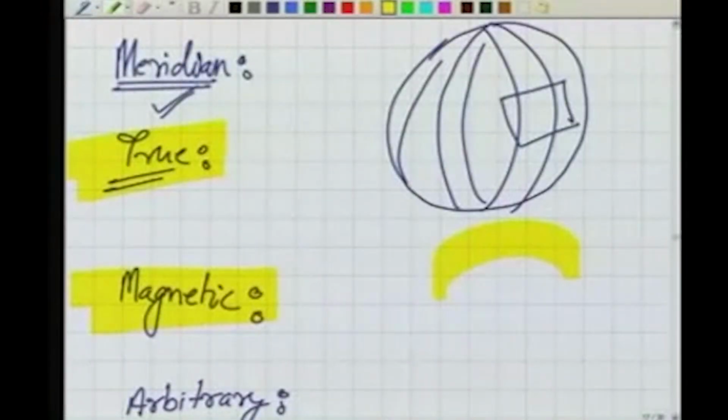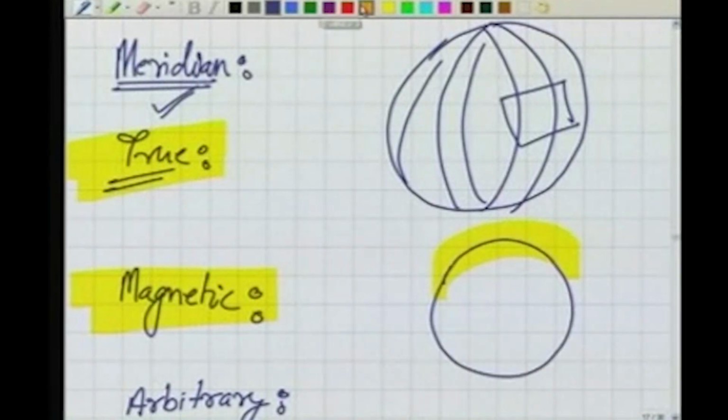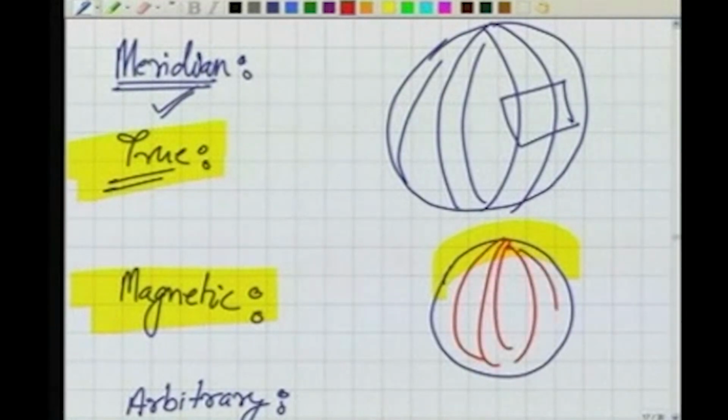Because we can think of the earth as having magnetic lines passing through north and south. So at any point our needle will align itself along these lines.